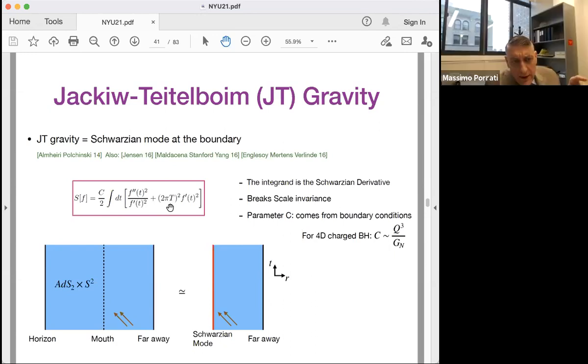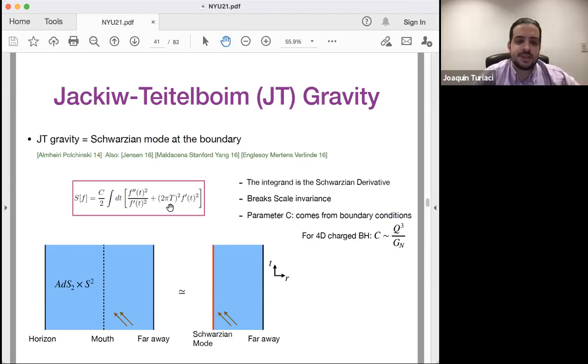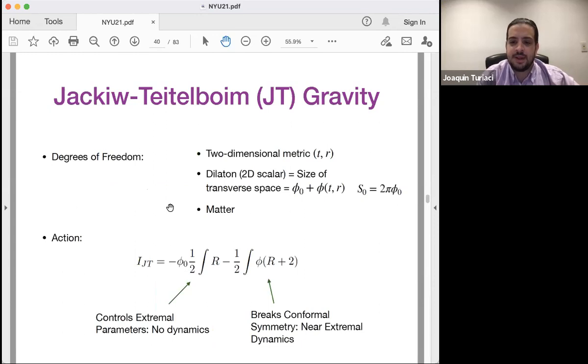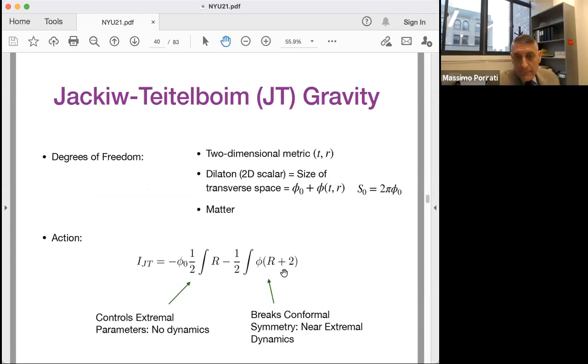Sorry, Joaquin. Is this S of f what you called the action of Jackiw-Teitelboim evaluated on shell, or is it another object? This is a statement you can make off shell, that the theory reduces to a boundary mode. And that's because, first you integrate out the dilaton, and that tells you that R plus 2 is 0 exactly.